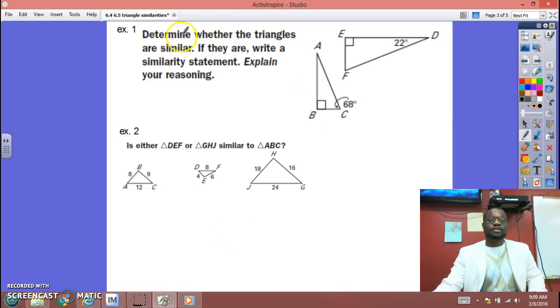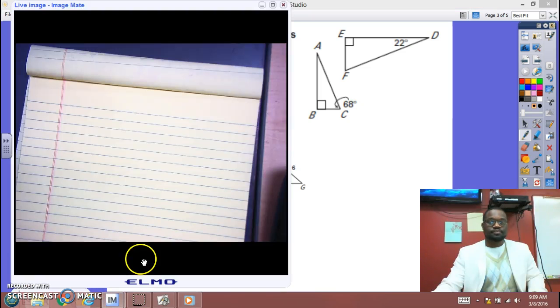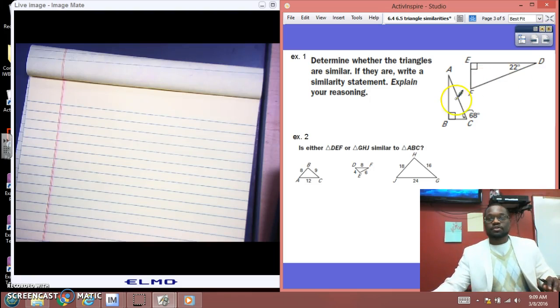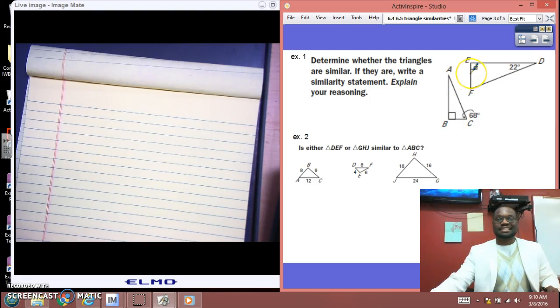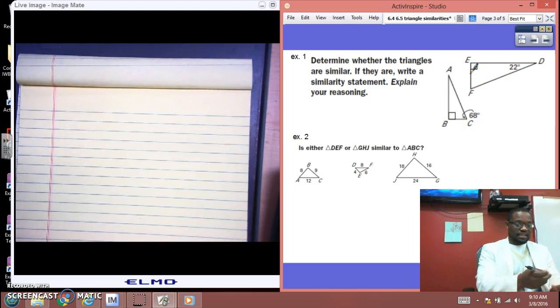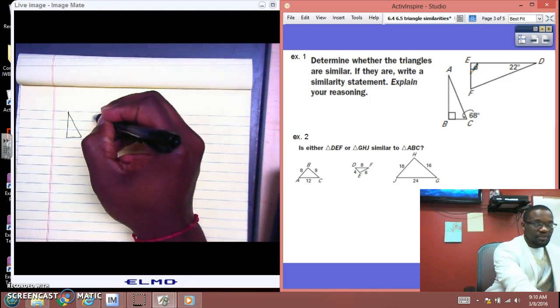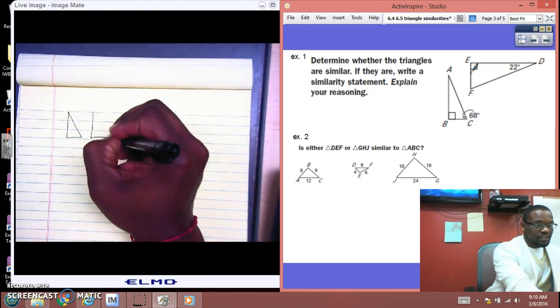Determine whether the triangles are similar. If they are, write a similarity statement. Explain your reasoning. Alright, let's see if we can do some of this. Now, looking at this particular problem, what you should notice is that we have two triangles, but they're not the same. They're kind of rotated. So the first one looks like this, and the second one, if I rotate it down, will look like this.